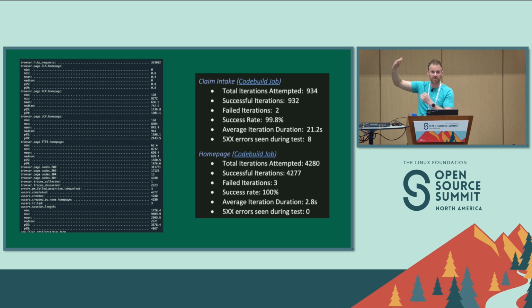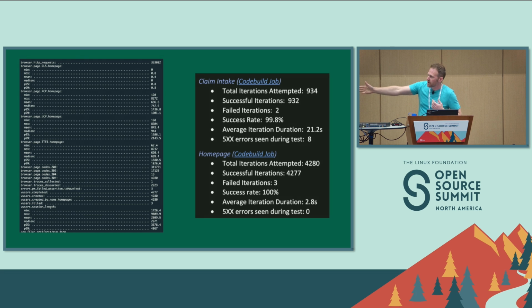So that would be journeys through the intake form. 932 were successful, 2 failed, and so that gives us a 99.8% success rate. So that's what I mean by journey success rate. What that really means is if we have 934 real people that try and submit this application in a 30-minute period, which was the duration of our test, we can expect that 99.8% of those people will be successful in what they do.